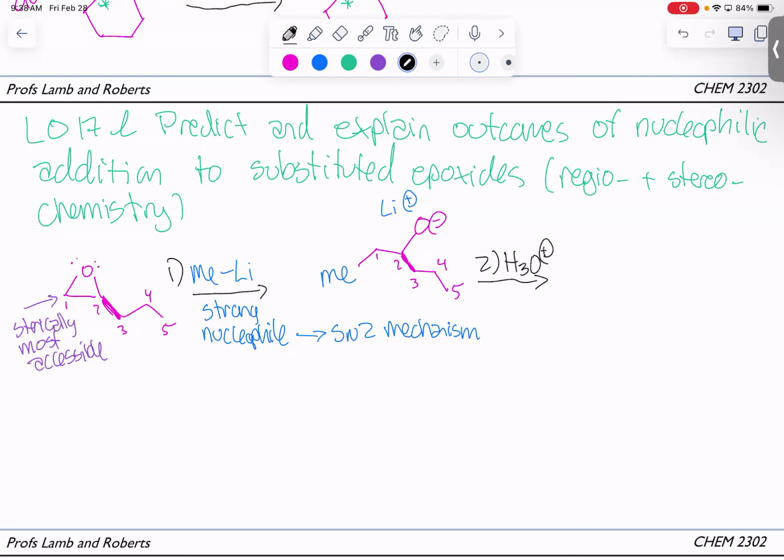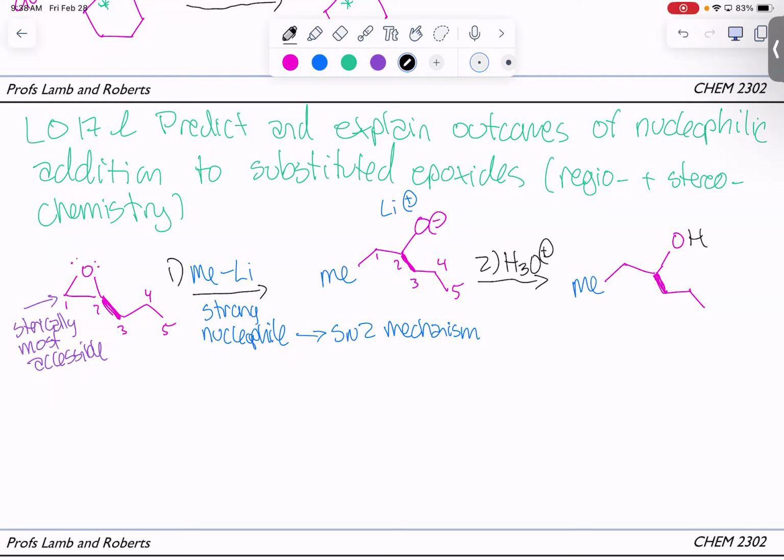And then we would get out our neutral product. All right. So this is analogous to a lot of ethylene oxide ring openings that we had seen before, right? Sterically less accessible than we protonate.